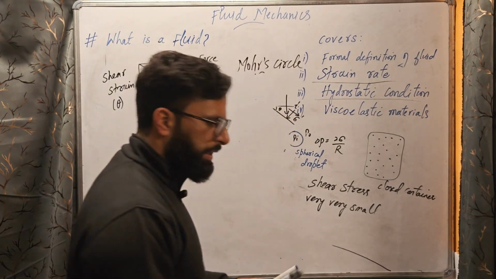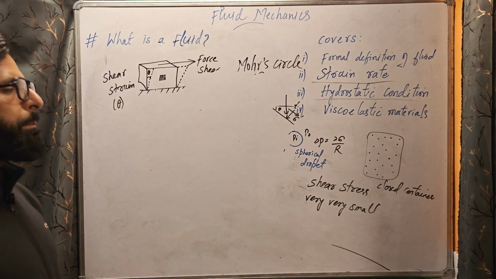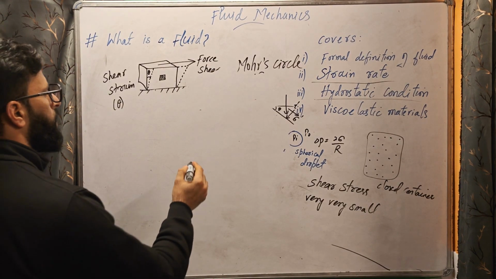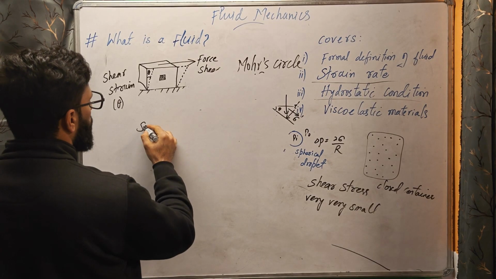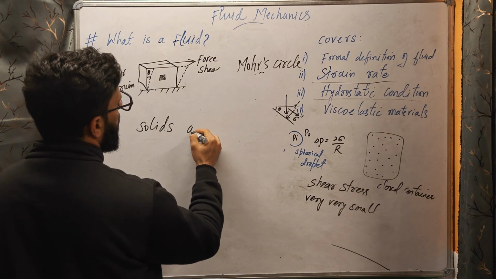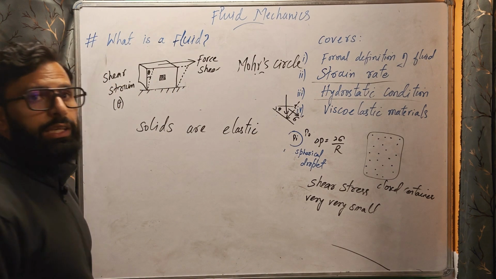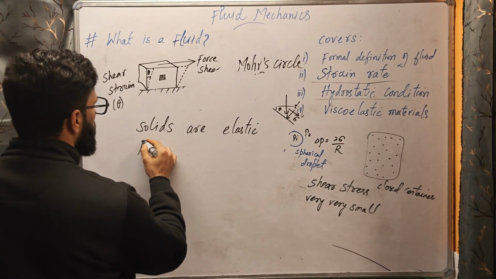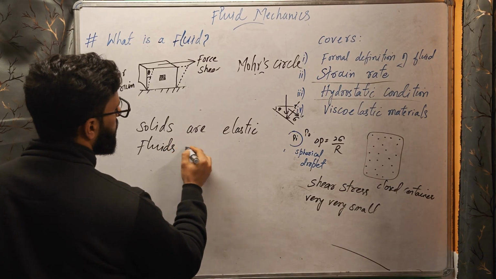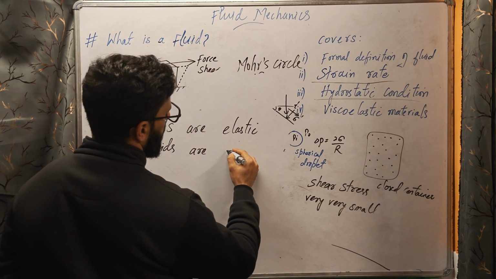But we have some materials that lie between these materials. For example, we refer to solids as being elastic, and we refer to fluids as being viscous.